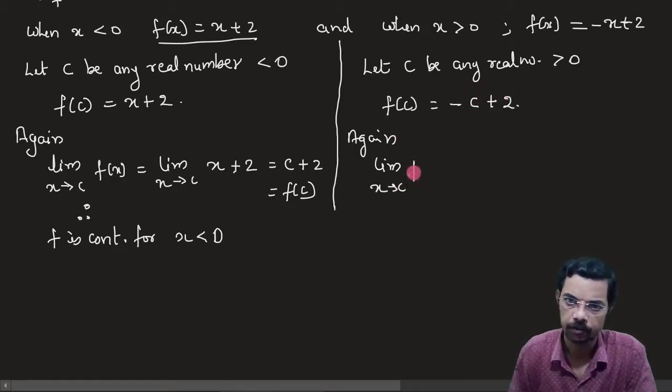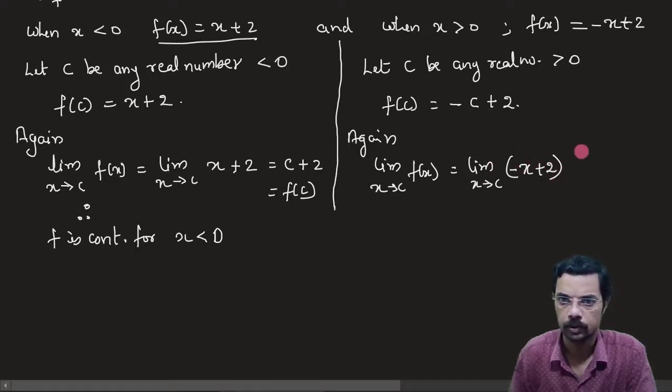Okay, so f of x will be defined as the limit as x tends to c. What is f of x? f of x is minus x plus 2, so it is minus of x plus 2. Okay, so when you put the limits, what do you get? We get minus c plus 2. Here also we can observe that the limit is equal to the value of the function at the point c.